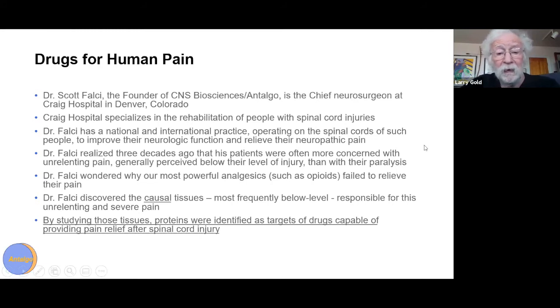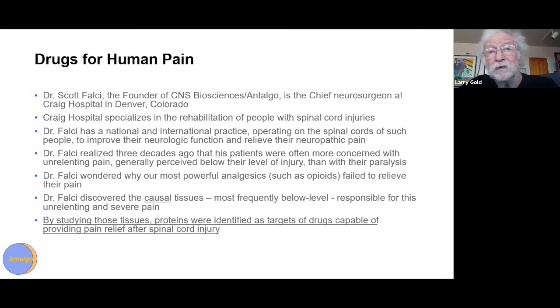And they needed help from their surgeon. And he was being begged to operate and get rid of the pain. And the pain was often, most frequently, below the level of the injury. So kind of akin to the way we've learned to think about phantom pain in people who have suffered amputations. But this is slightly different.